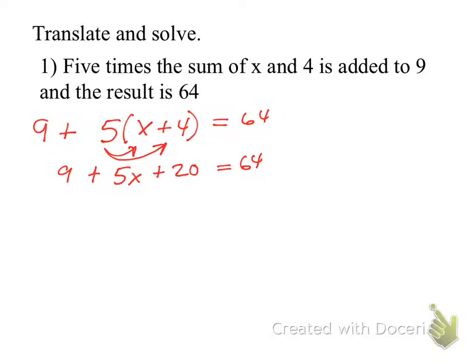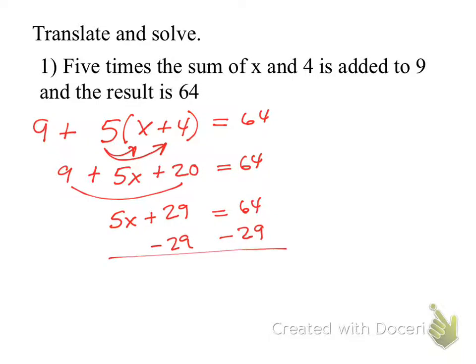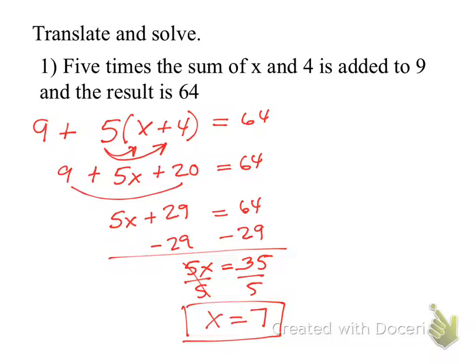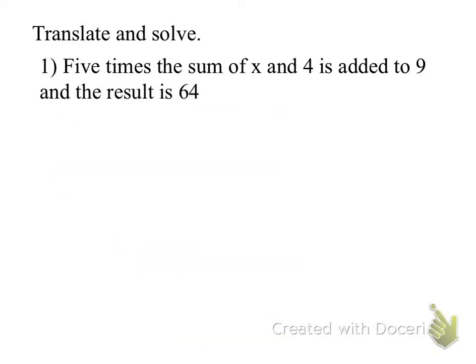Then you combine like terms. Next, you subtract 29 from both sides. And last, you divide by 5 on both sides. And x equals 7. Okay, questions? All right, we've got a couple word problems we want to do.